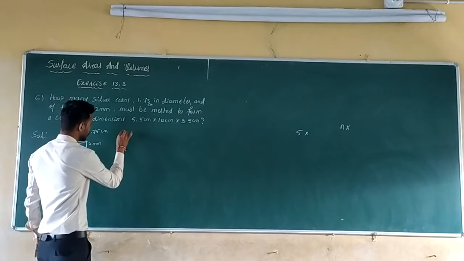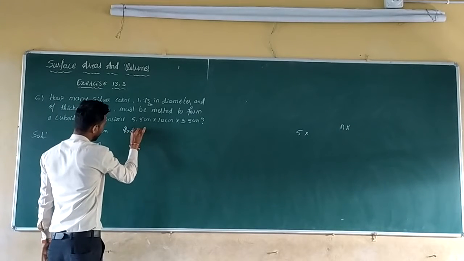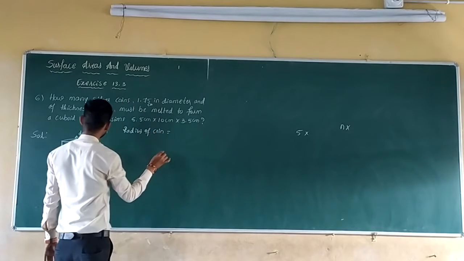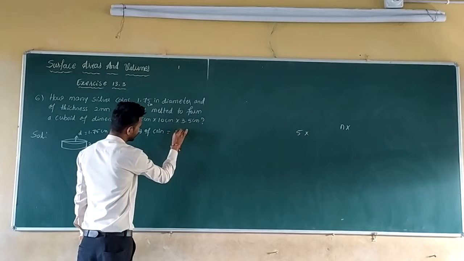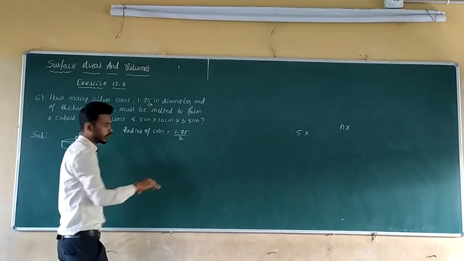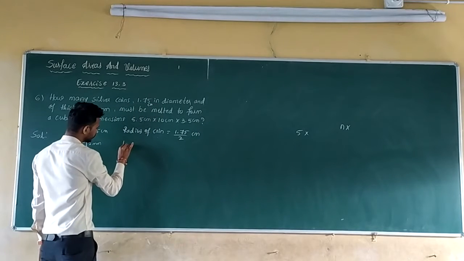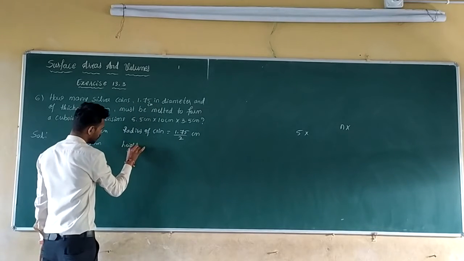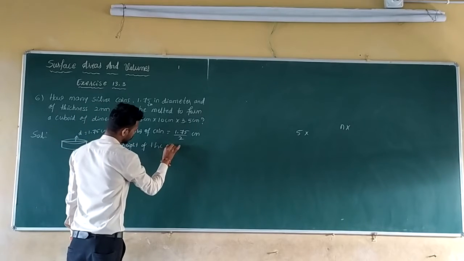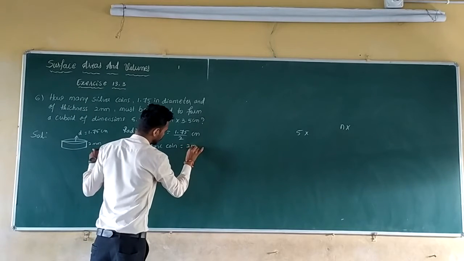So first write the given. The radius of the coin, which is equal to diameter 1.75, then radius will be 1.75 divided by 2 centimeter. And next, the width, means height of the coin, which is 2 millimeter.